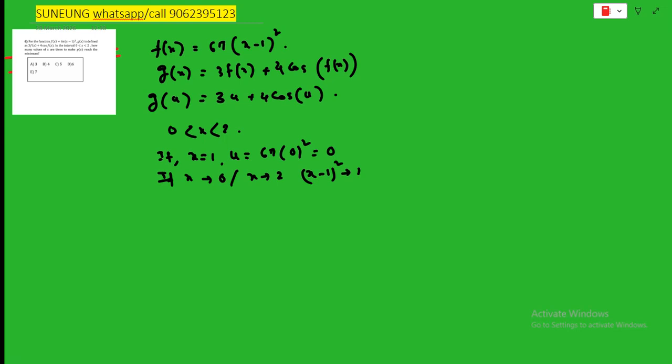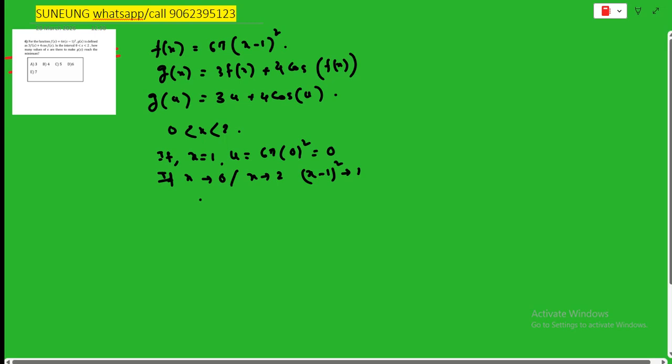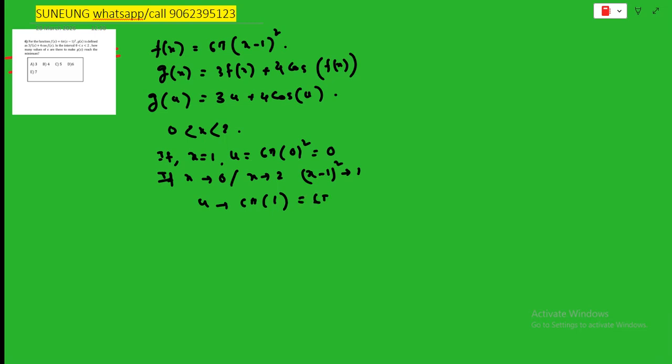So u tends to 6π times 1, that is 6π. Now the game is finding the minimums of h(u), that is 3u + 4cos u in the interval 0 to 6π.